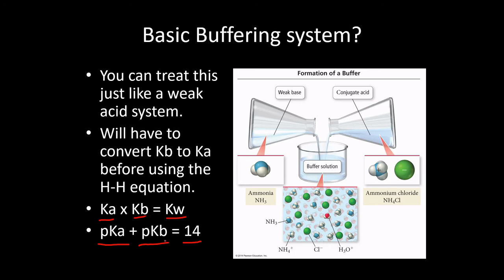The first thing that I'm going to do is convert this to pKa, because I know I'm going to need that for the Henderson-Hasselbalch. So given this equation here, that the pKa plus the pKb is equal to 14, I know that my pKa is 9.25.